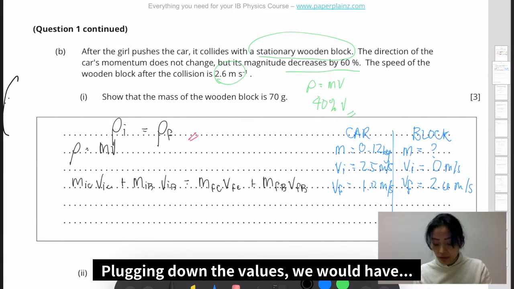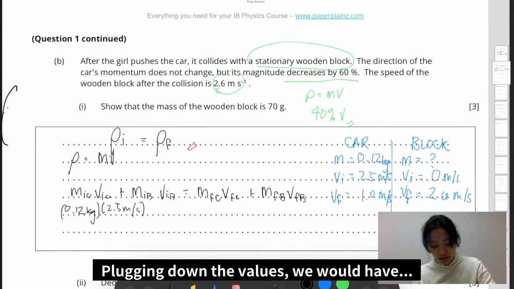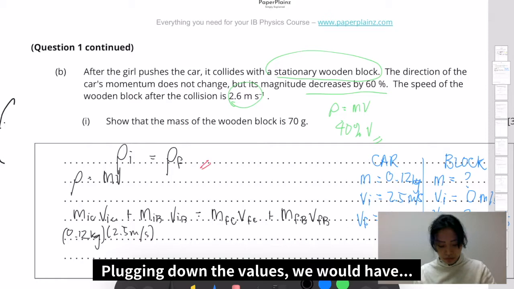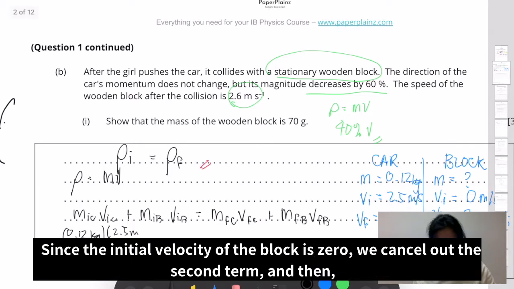Plugging in the values, we would have 0.12 kilograms times the initial velocity, which is 2.5 meters per second. Since the initial velocity of the block is 0, we cancel out the second term.